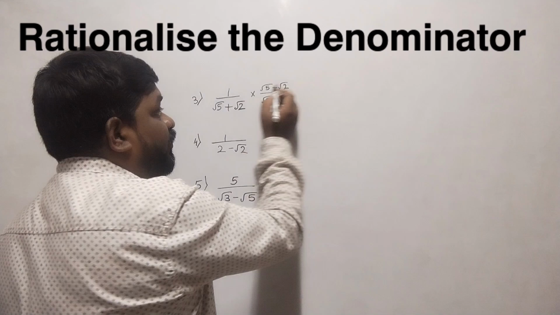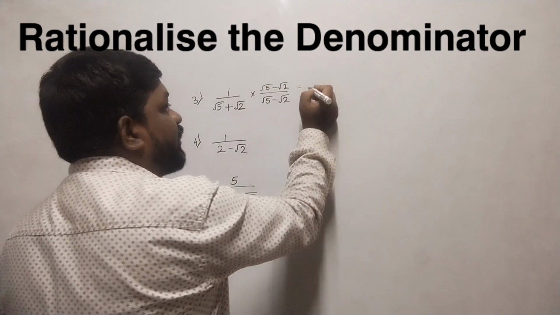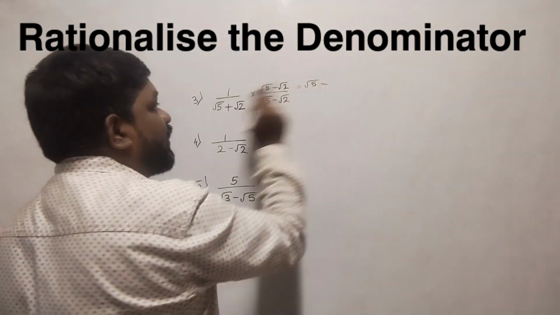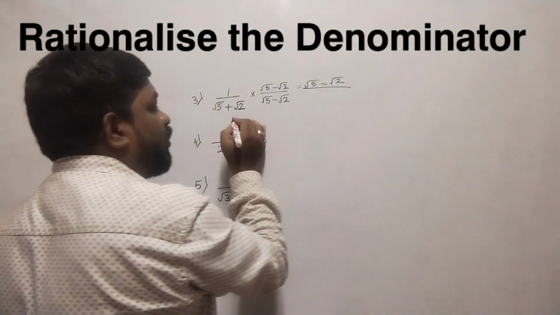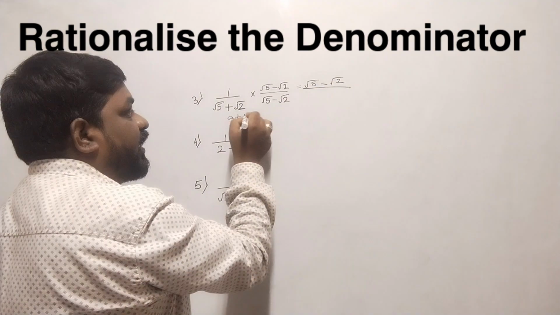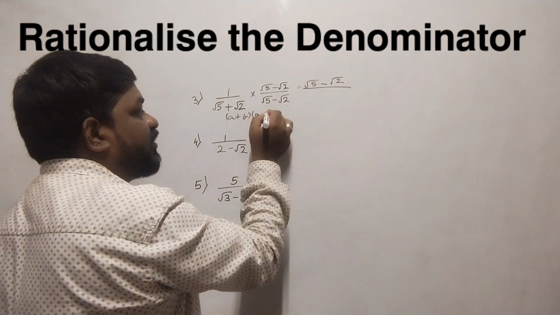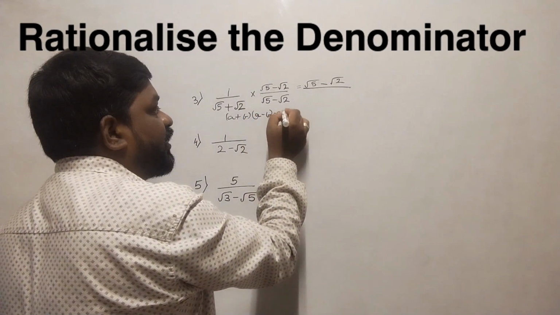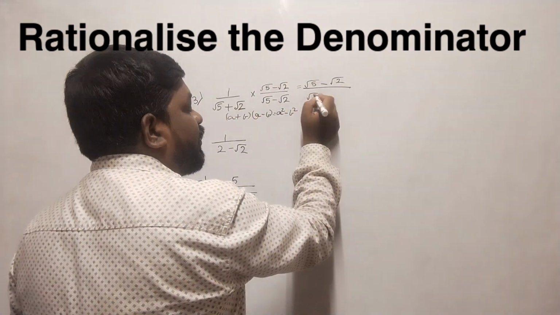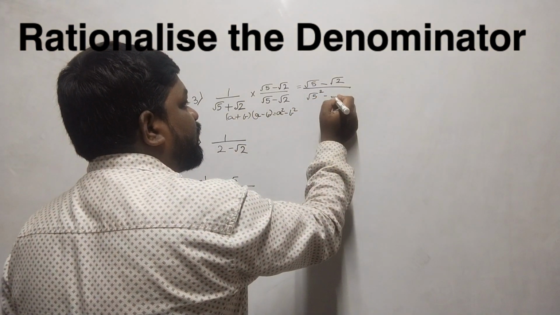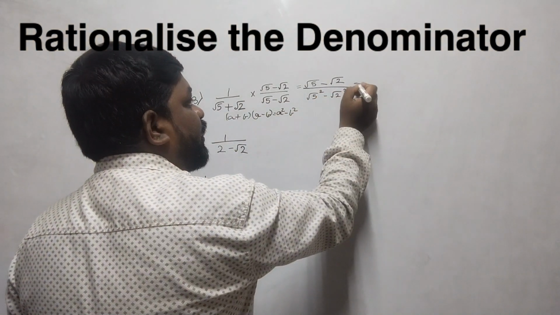Now multiply 1 into root 5, which is root 5, minus 1 into root 2, which is root 2. The denominator is of the form a plus b into a minus b, that is a square minus b square. So we have root 5 square minus root 2 square.